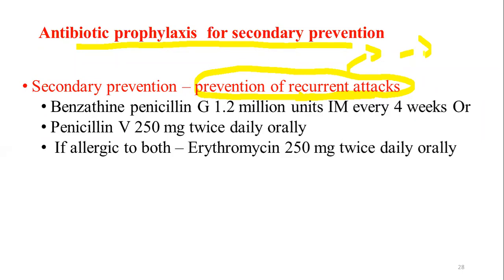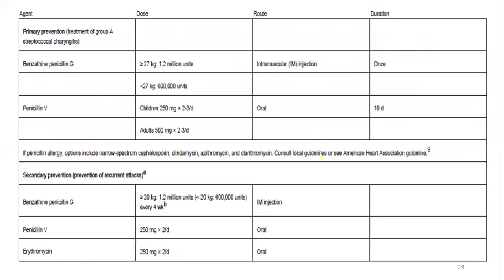So you have to know: benzathine penicillin G can be given 1.2 million units every 4 weeks as prophylaxis, or we can use penicillin V 250 milligrams twice daily. If a patient is allergic, as I mentioned before, azithromycin can be given.